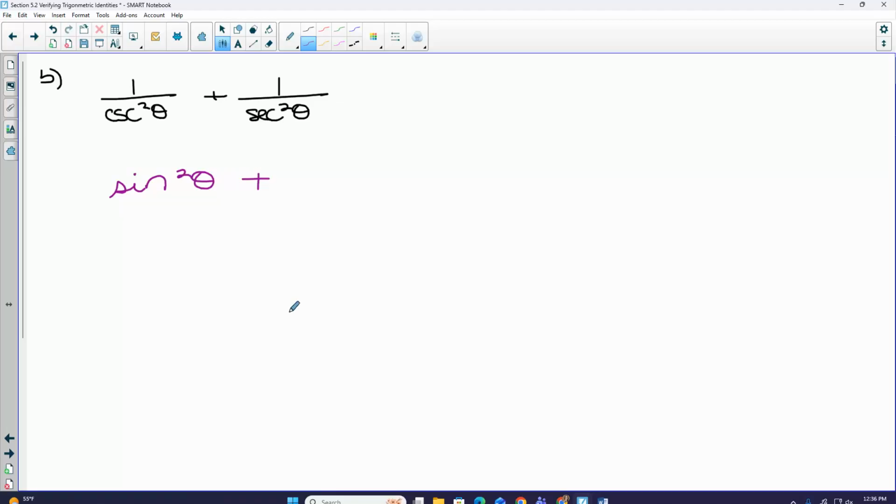Plus, what would 1 over secant squared turn into? Cosine squared. And that adds up to 1. We certainly could have gotten the common denominator, and then you would have turned it into sines and cosines, and you would get here eventually. But look first to see, can I just do sines and cosines? Does that give me an easier problem?